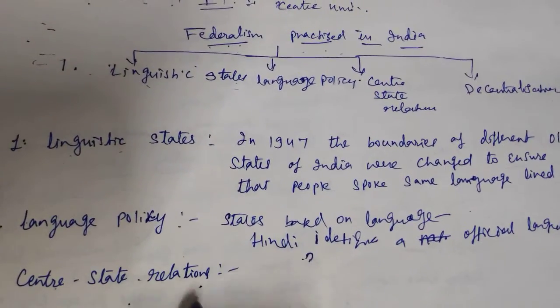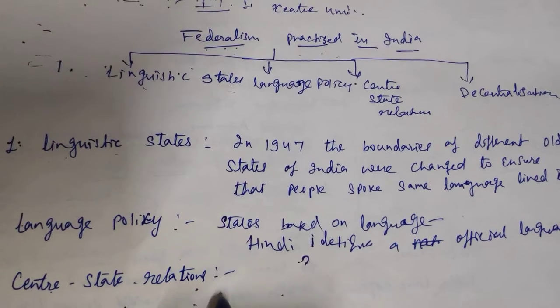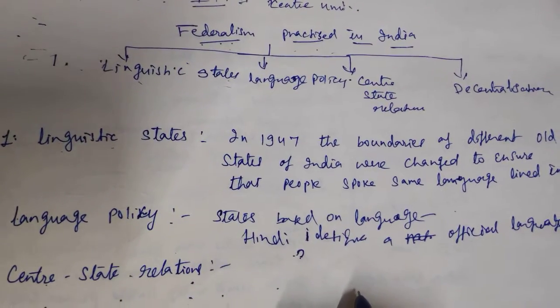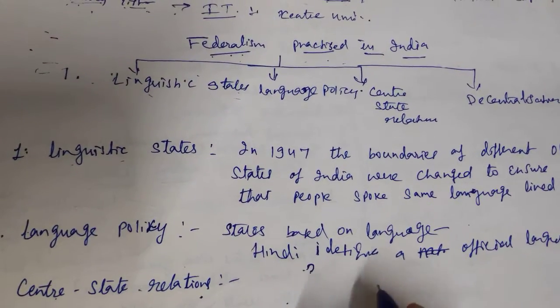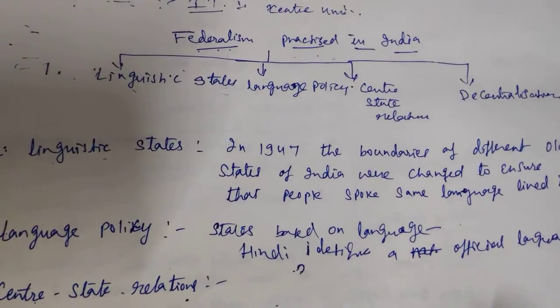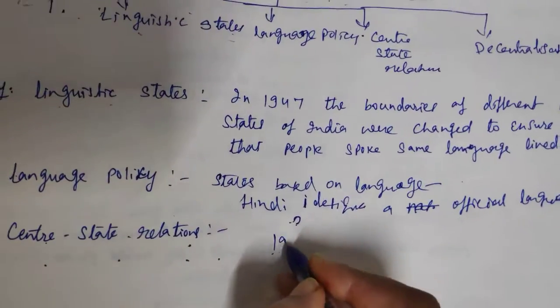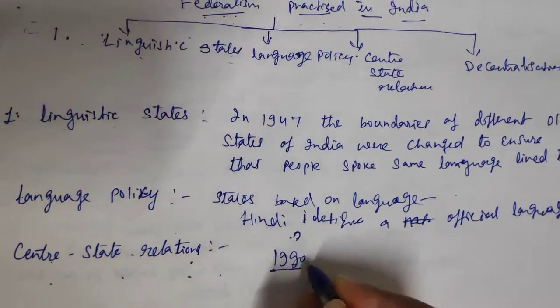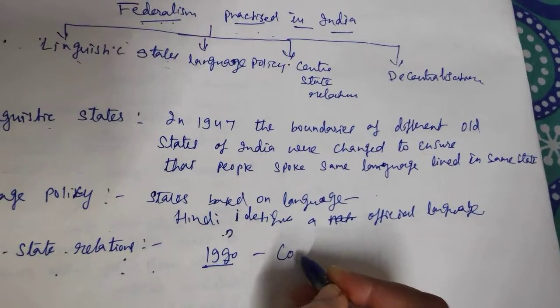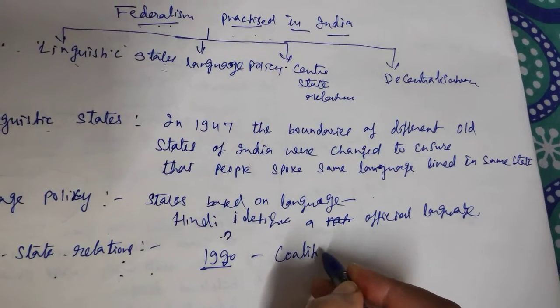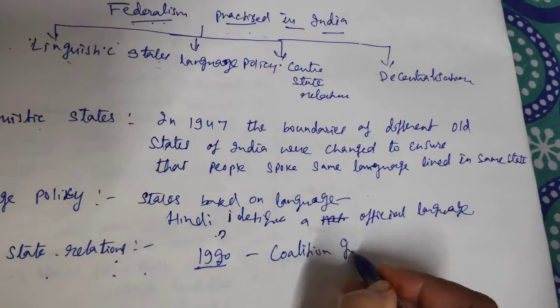Center-state relations were restructured in one or more ways in which federalism has been strengthened in practice. In the period after 1989, when there was a Vajpayee government, a new form of government was practiced, that was coalition government.